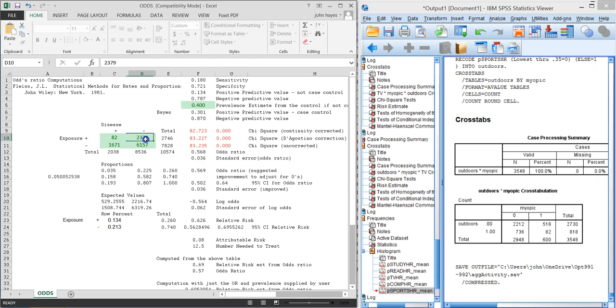And then we have not outdoors, not myopia, 2212. And finally, we have not outdoors, but myopia. Not outdoors, myopic, 518.